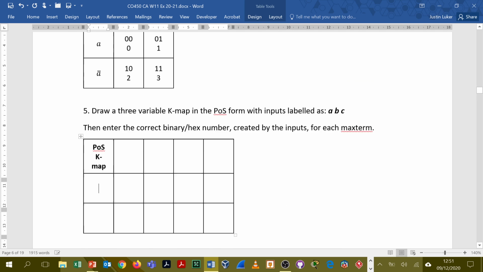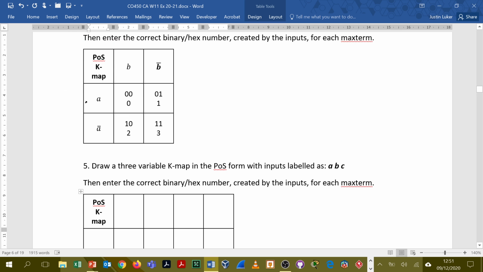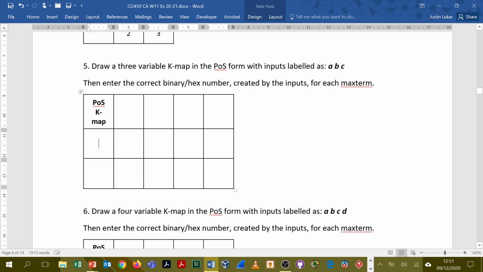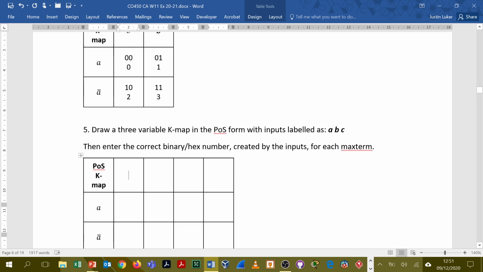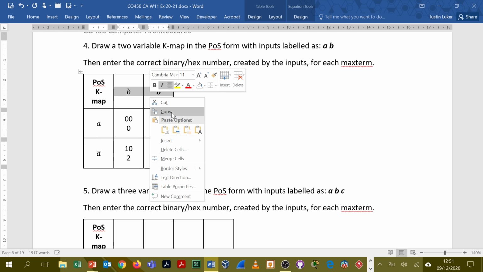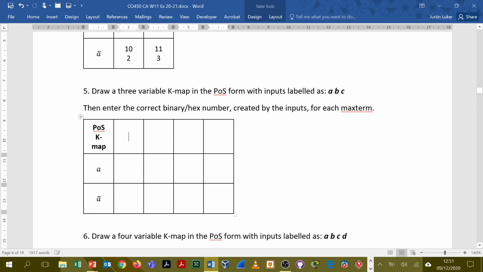And now we've got 3 inputs to do. So just to make it easier, I'm just going to copy those A inputs, because that will be the same. And then we need to copy this. So let's just see if I can put those in. Yeah, okay, so not B. I remember doing OR.